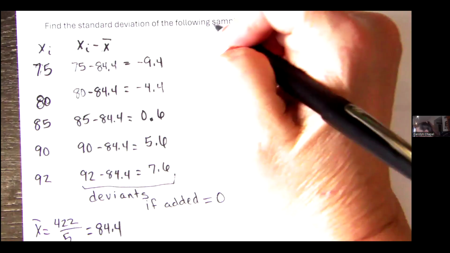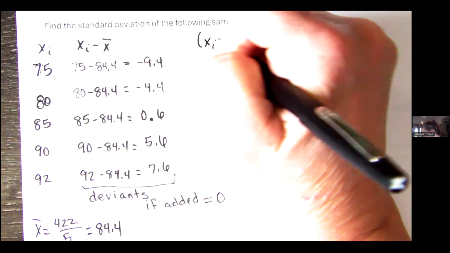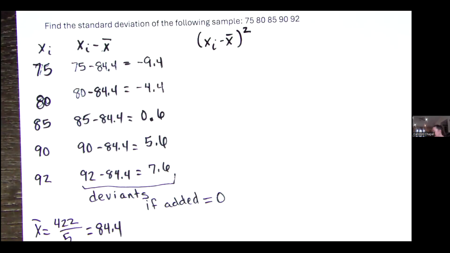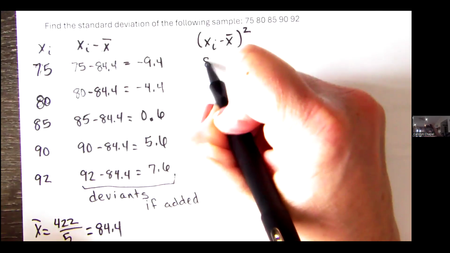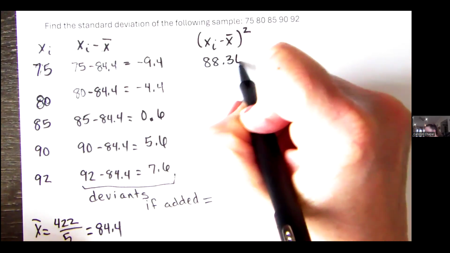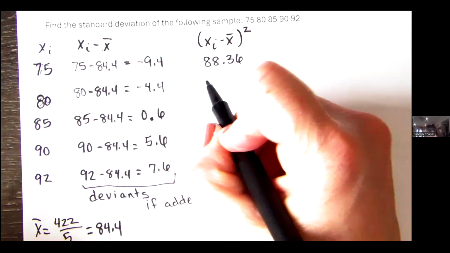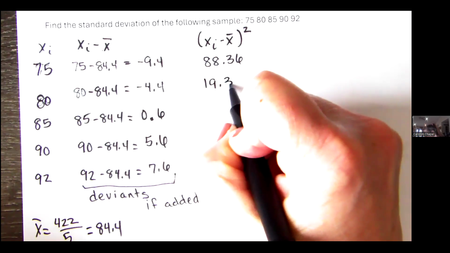So we are going to take all of these values and we're going to square them. So I'm going to take that negative 9.4 and square it. And remembering a negative times a negative does give me a positive. So I get 88.36. I square the negative 4.4, and I get 19.36.